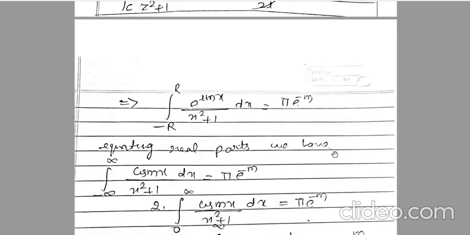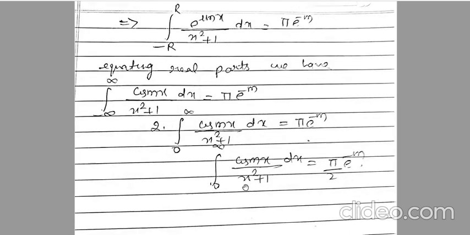Equating real parts we have, minus infinity to infinity cos mx upon x square plus 1 dx. e to the power i mx, the real part is cos mx, and this is equal to pi e to the power minus m. You will directly write this integral as minus infinity to infinity, that means you are taking the limit R tends to infinity.